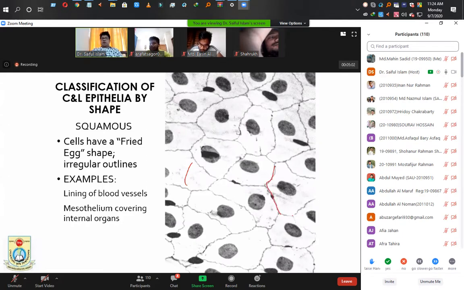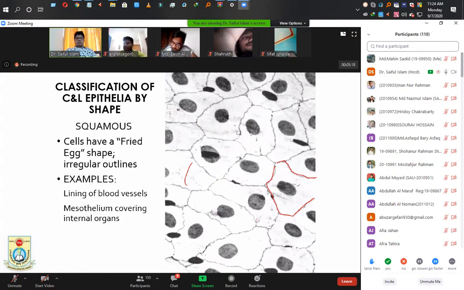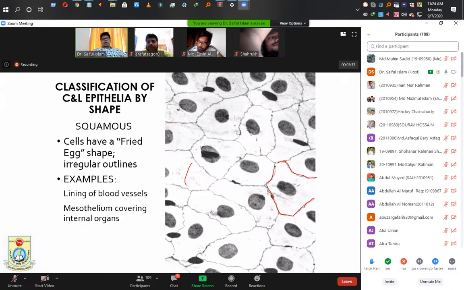This is not a light microscope picture, this is a 3D picture under the electron microscope. The nucleus is almost flattened and the cell outlines are very irregular. You can consider the cell as having a fried egg shape, and their membrane outlines are irregular.